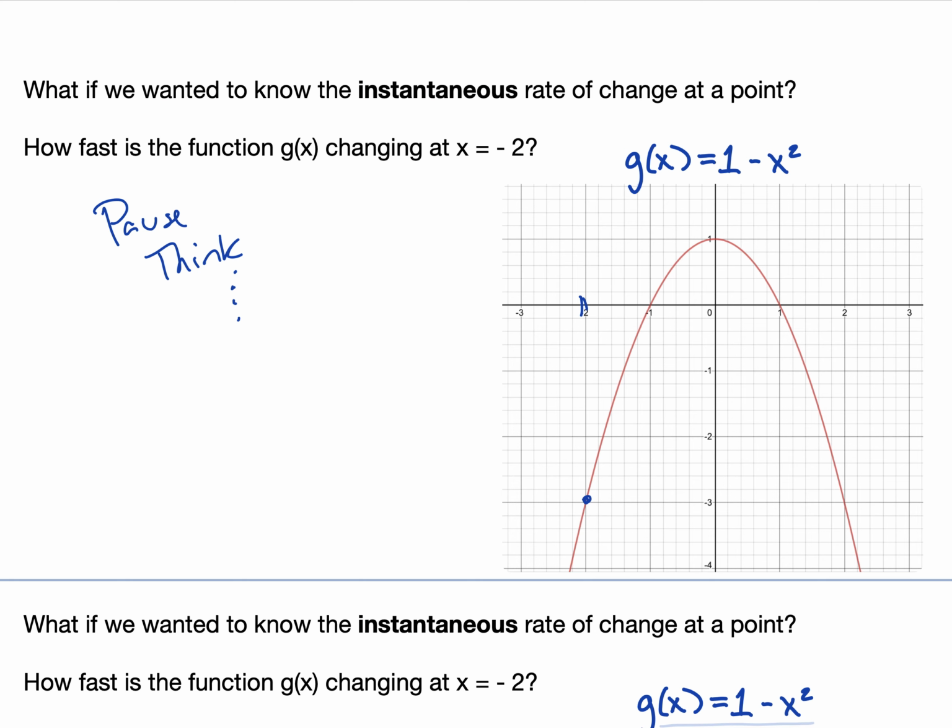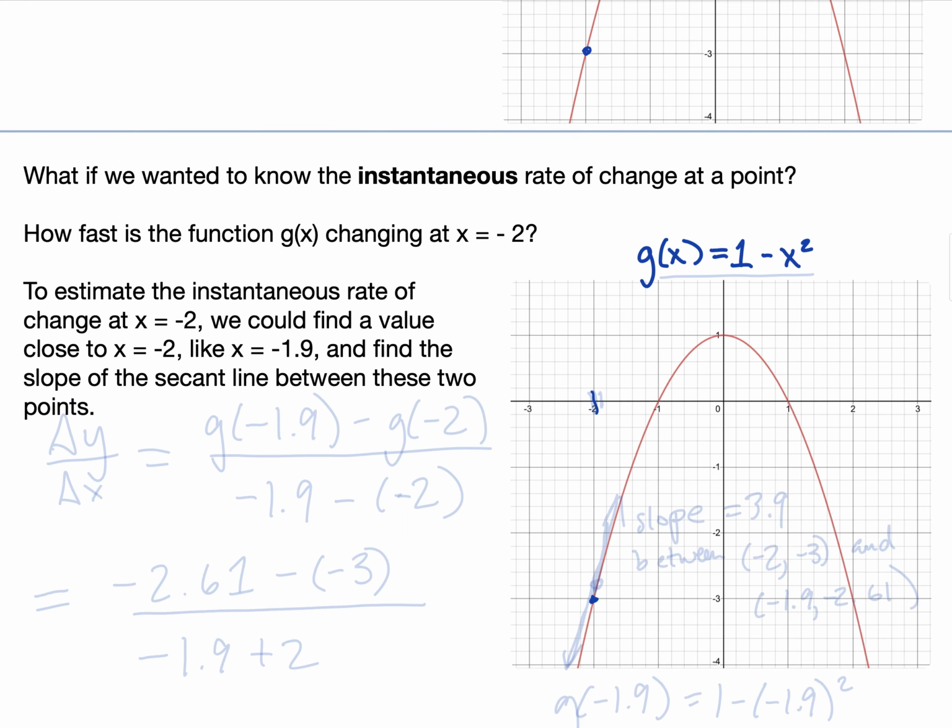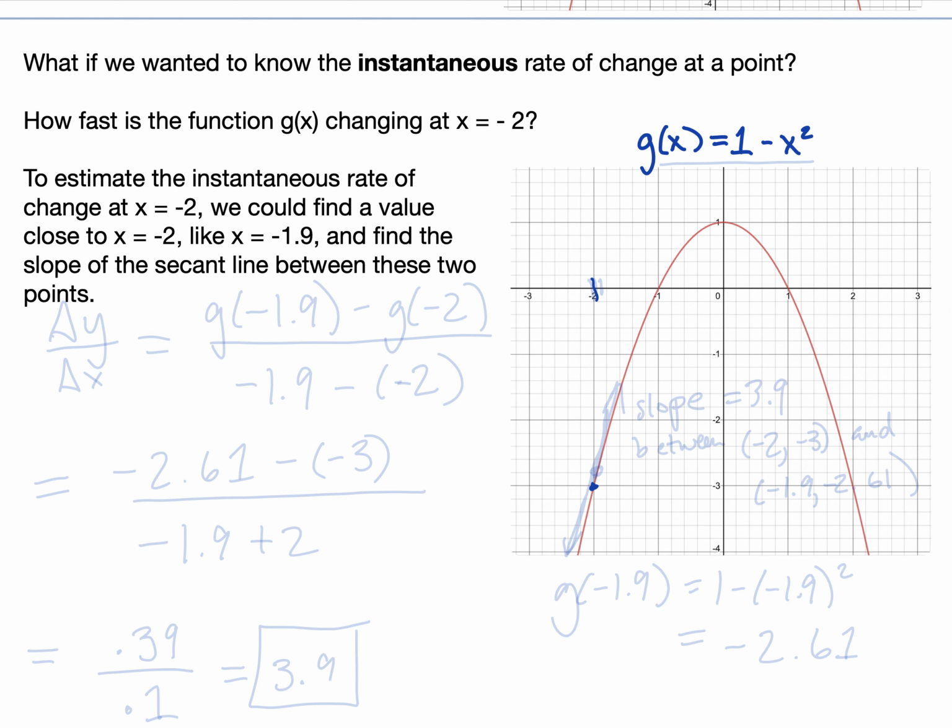Okay, so we want to know the instantaneous rate of change at x equals negative 2 for the function g of x. We are going to estimate this instantaneous rate of change. One way that we could do that is to find a value very close to x equals negative 2, like x equals negative 1.9, and find the slope of the secant line between these 2 points.